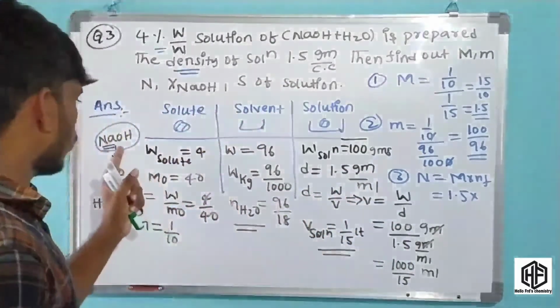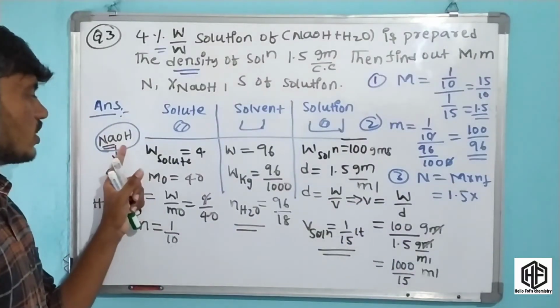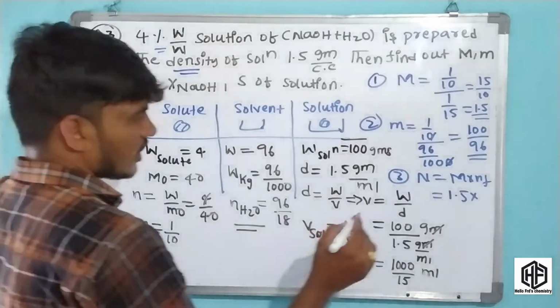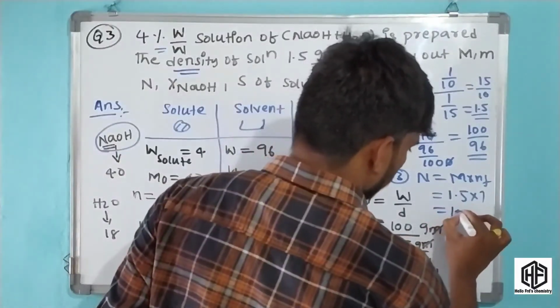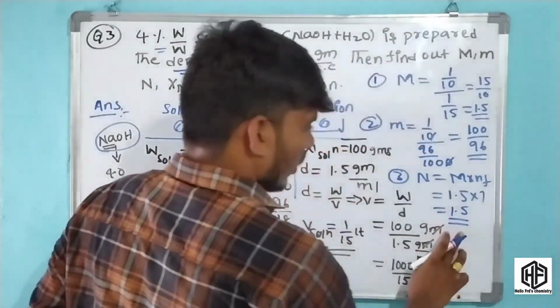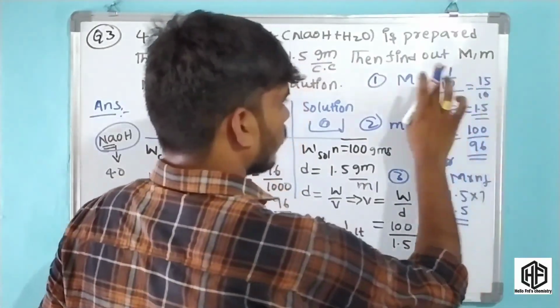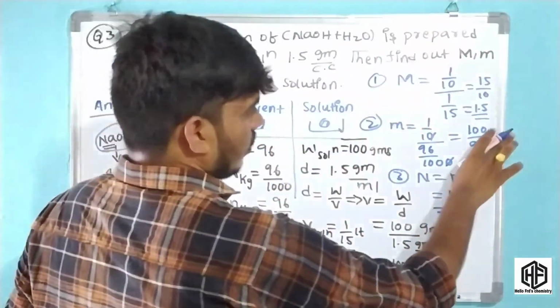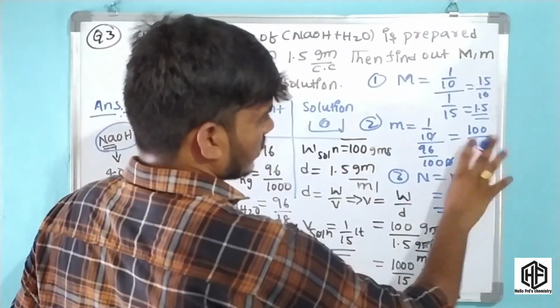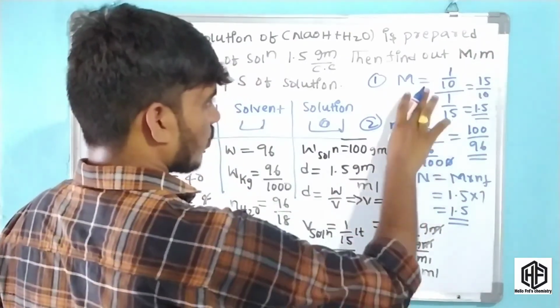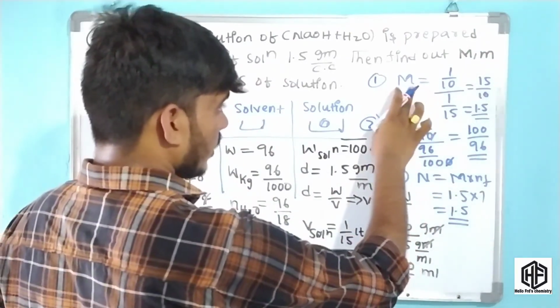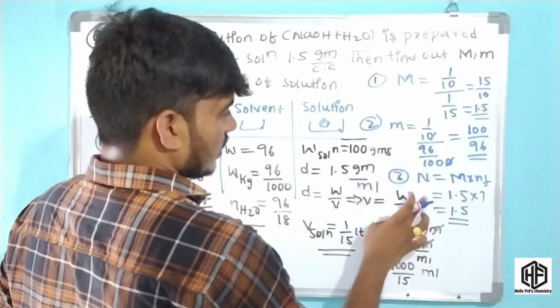The n factor is 1, as one OH minus ion is present in NaOH. So this answer is 1.5. 1.5 is the normality, this is the molarity, and 1000 by 96 is the molality.